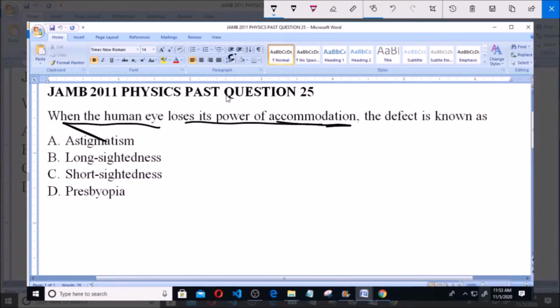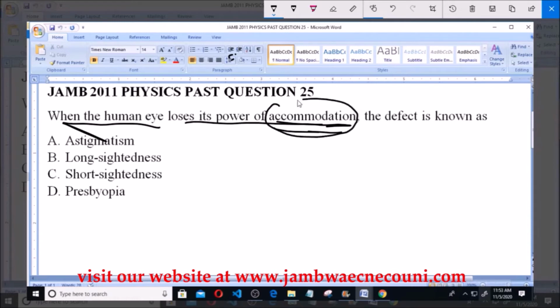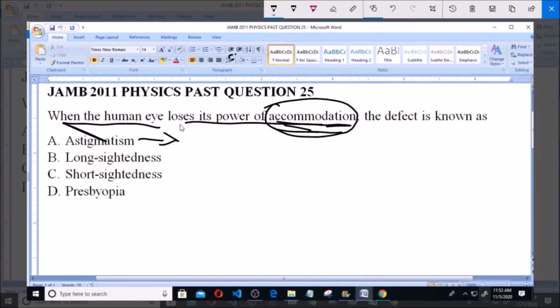Accommodation simply refers to the process or the ability of the human eye to adjust as appropriate in order to view whatsoever image is placed before it, irrespective of the distance. Okay, so that is accommodation. Now, astigmatism is an eye defect which actually refers to imperfect curvature of the cornea.